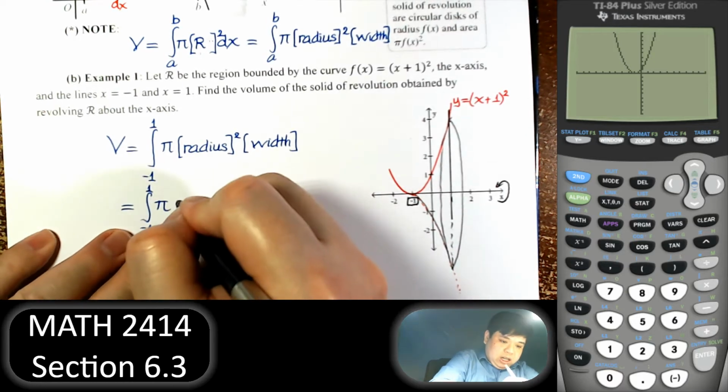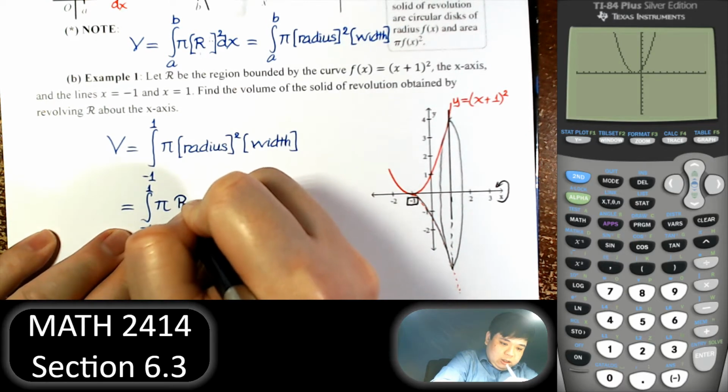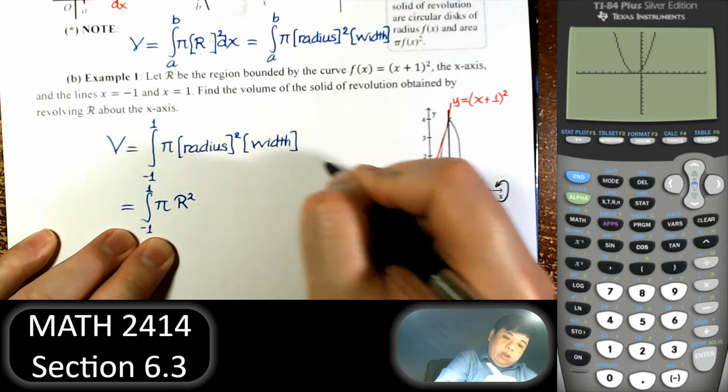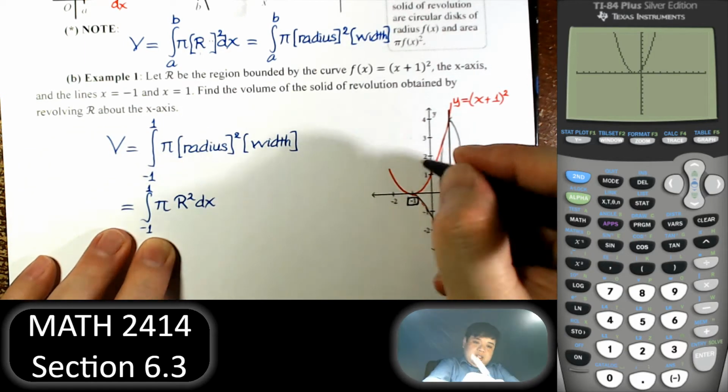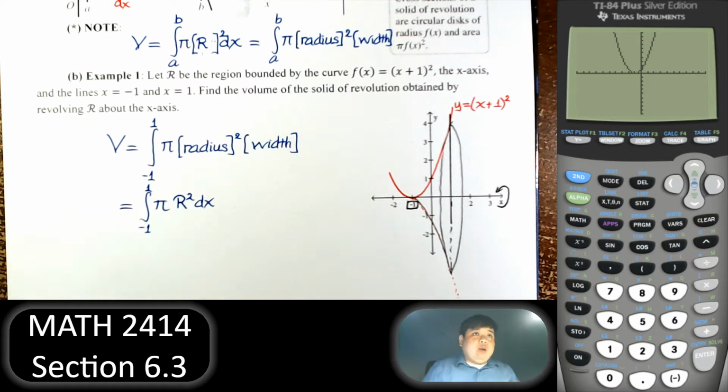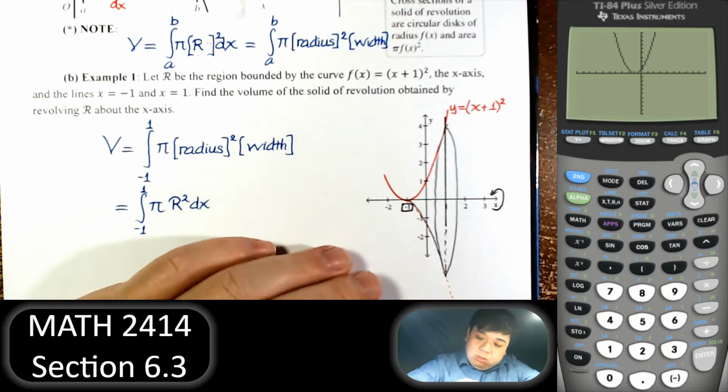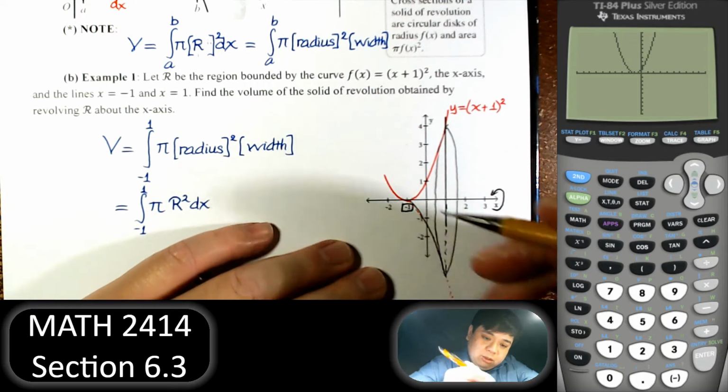The radius, let's call that r squared, and the width is going to be dx. Of course, we're going to chop that up. How do we determine the radius? To determine the radius, we go from the axis of rotation to the edge of the region.